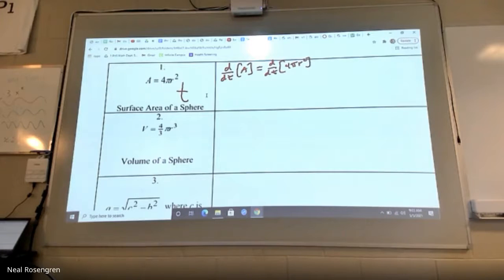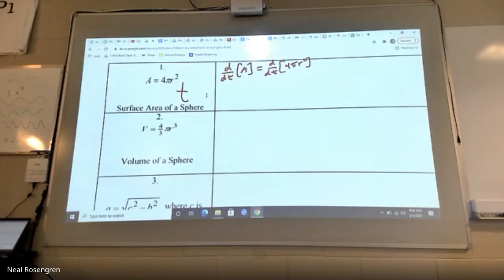Okay, so what does that left side look like? d/dt of A. Do the variables match? No, t and A, right? I've got A for area and t for time. Those don't match up. I would take the derivative as I normally would, which if it was d/dt of t, it would just be 1, right?